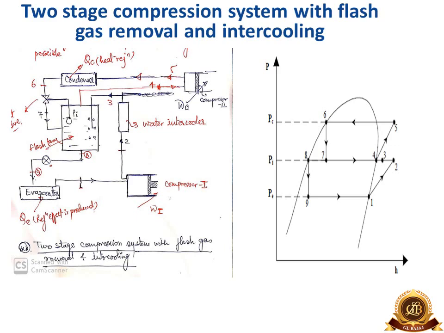This point 4 is now fed to compressor 2, where it gets compressed to state 5. Then 5 to 6 is the condensation process, where the heat exchange takes place and the heat rejection takes place. It reaches state 6, which is a saturated liquid, but during the expansion it again has some flash gas as well.